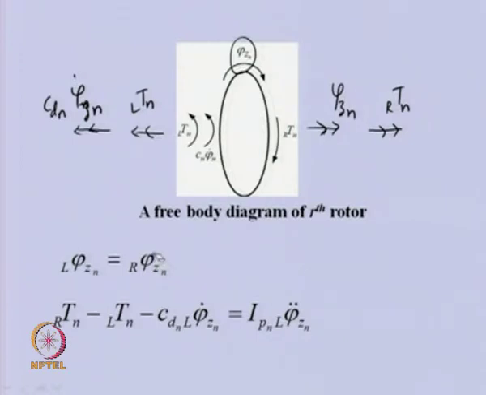Apart from this, if we take the torque balance, you can see this particular torque is in the positive direction. So, first torque, then the left side one is in the negative direction and the damping torque is also in the negative direction, and these external torques acting onto this particular disc should be equal to the rotary inertia of the disc, that means the polar moment of inertia of the disc, times the angular acceleration.